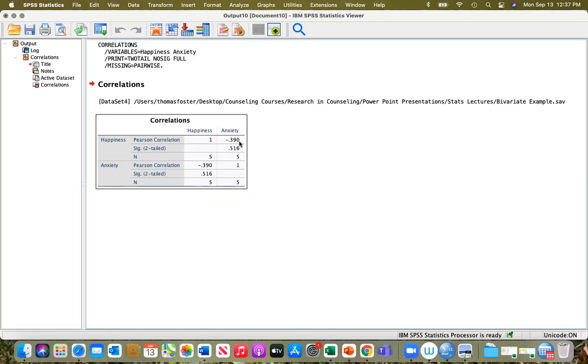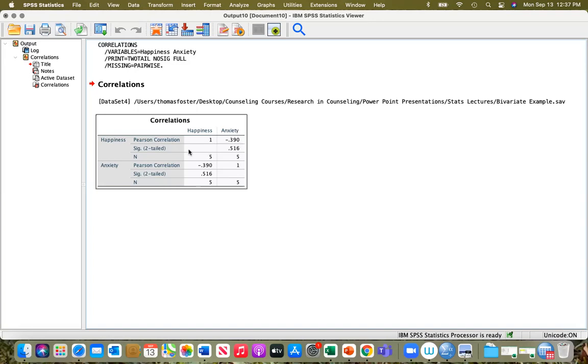Yeah, it should be negative 0.39 if I didn't say that before. Sorry about that if I missed that. But it is in fact a negative correlation: happiness is negatively correlated with anxiety, which kind of makes sense. If happiness goes up, then theoretically anxiety should go down and vice versa.